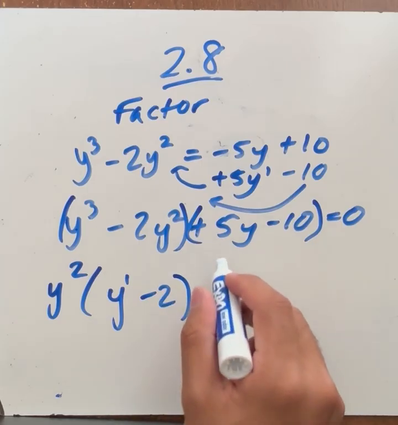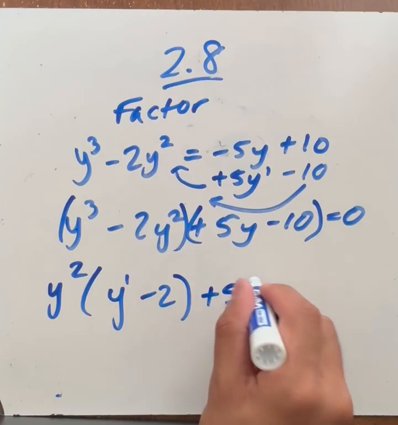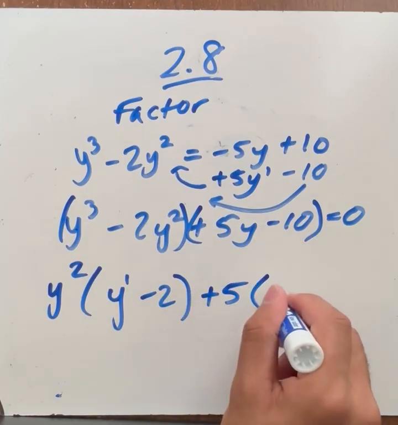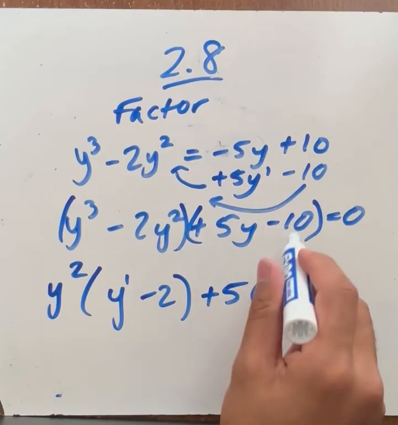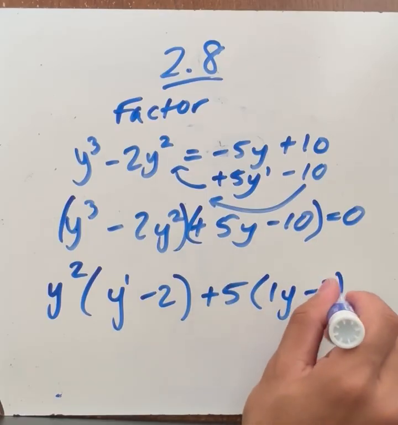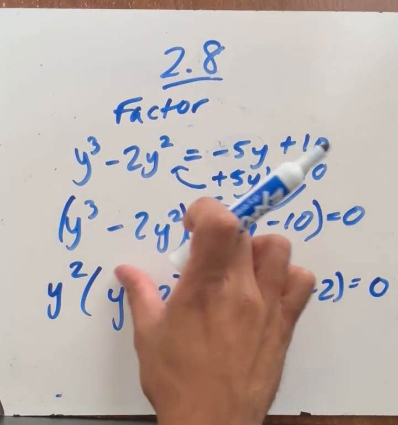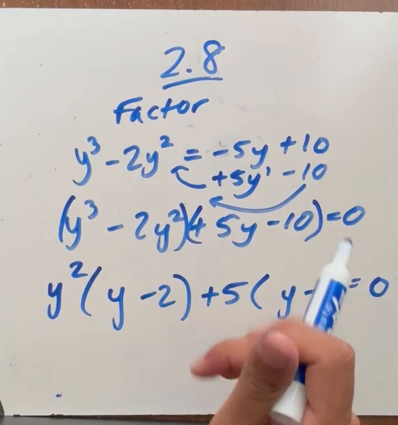Out of 5 and negative 10, the highest number that they both have in common that we can divide out of both of them is 5. So let's do that. 5 divided by 5 is 1. Y stays. Negative 10 divided by 5 is negative 2. And then this is equal to 0. These ones are there, but they don't really matter, they're just hidden.